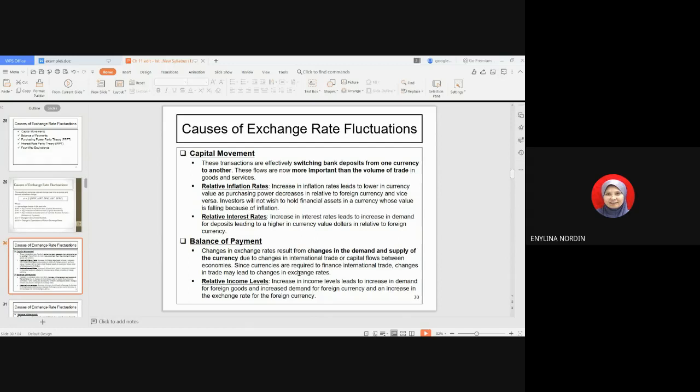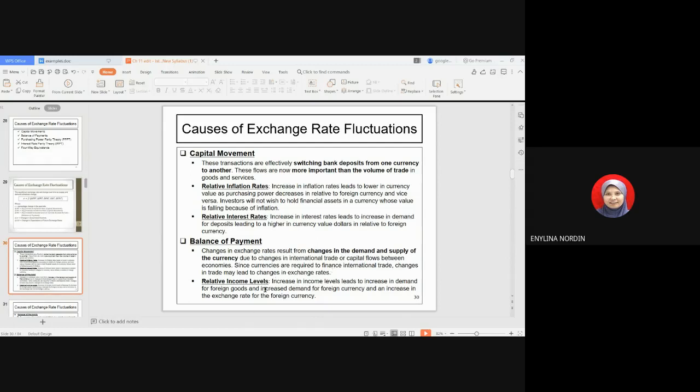Therefore, this will attract more foreign capital, and this will cause a rise in the exchange rate. In other words, the exchange rate will appreciate when the interest rate is higher.